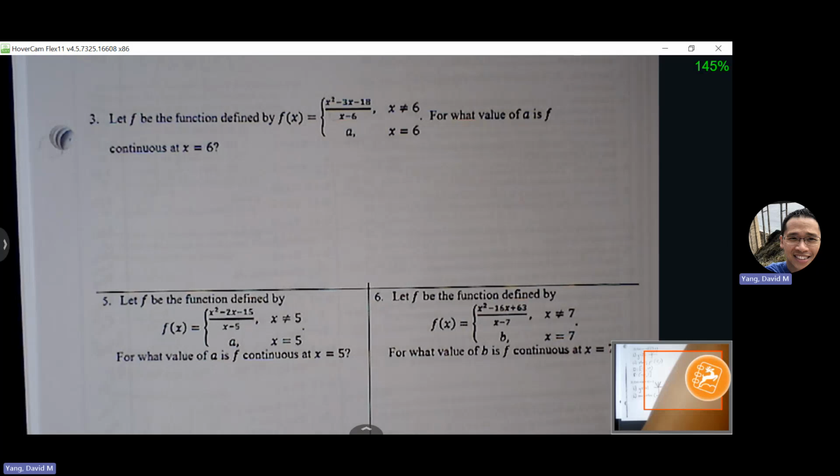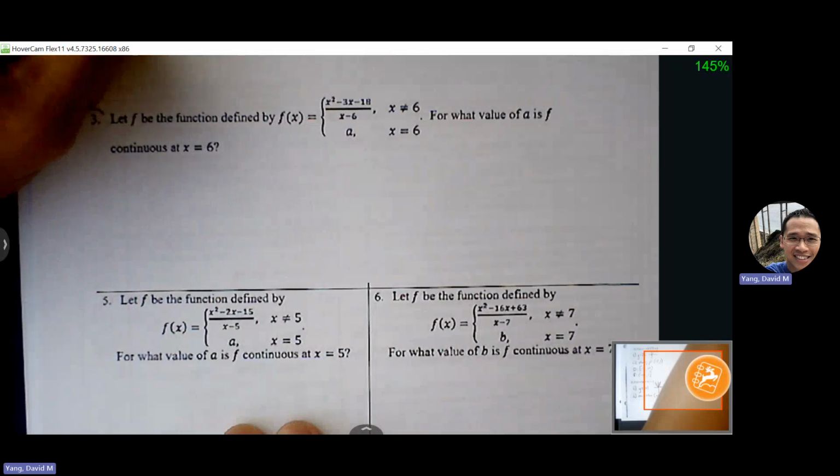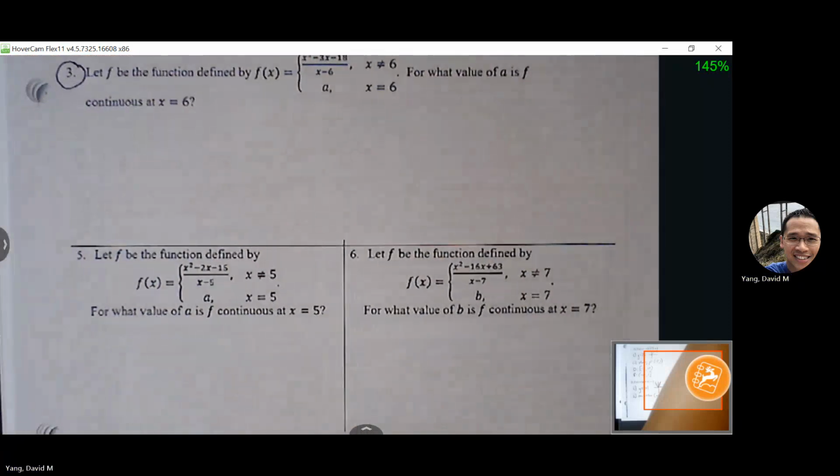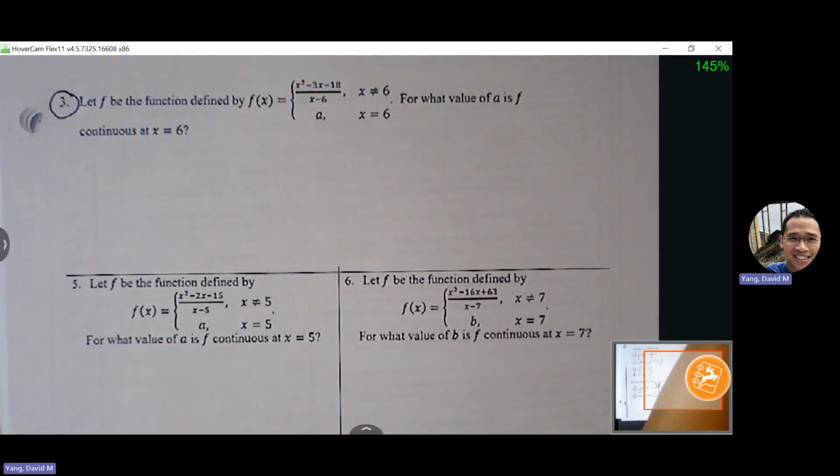And before you know it, you're going to be able to solve for whatever you're looking for just by following the conditions. So let's look at number 3. I want to show you an example where just following the conditions, we can get to the answer without having to try anything else except to follow the conditions.